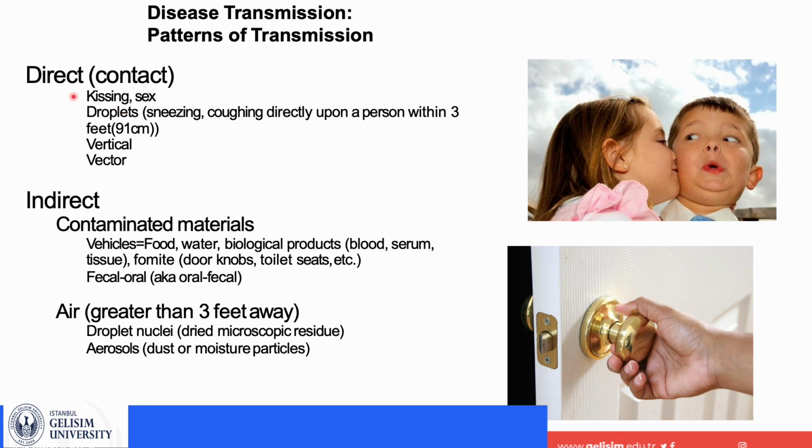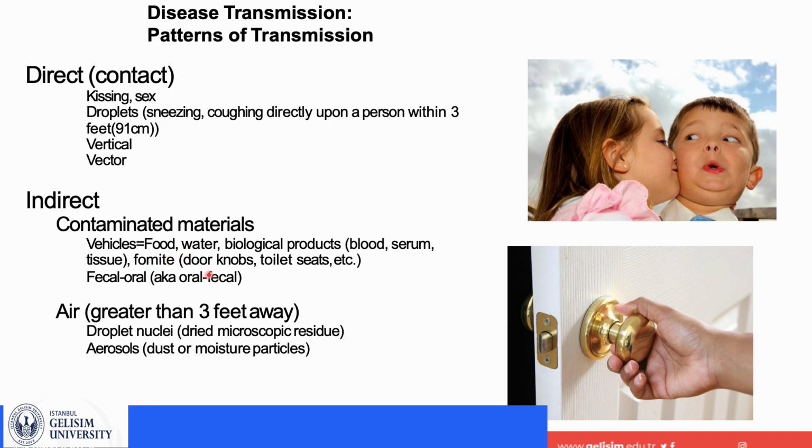So if you look over here, again, they're telling you that direct contact could be through intimacy, such as kissing. It could be through sneezing. And again, there could be vertical vectors. Indirect, we're talking about contaminated material. So indirectly, you're getting it through contaminated food, water, other biological products, like through blood transfusion, through serum, or even through fomites, non-living objects.